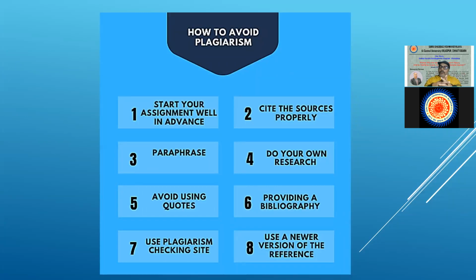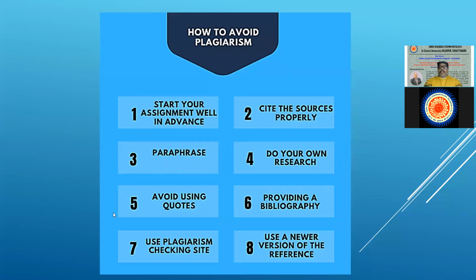Fifth is avoid using quotes. Sixth is providing a bibliography. If you are providing bibliography references, you can use this. Seventh, use plagiarism checking. Again, you can go for checking with an authentic site, like Turnitin and different software, Urkund, Authenticate, and many other software are also available.